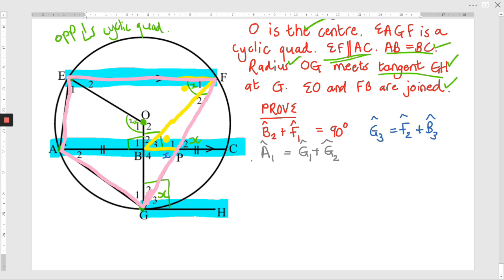To handle this A1 equals G1 plus G2 thing, I went over the cyclic quad that they gave me, EAGF. And the reason I did that is because I could see the G1 plus G2, like what makes them significant? Well, they are the opposite angle of the cyclic quad, and they're opposite to E1 and E2, right?